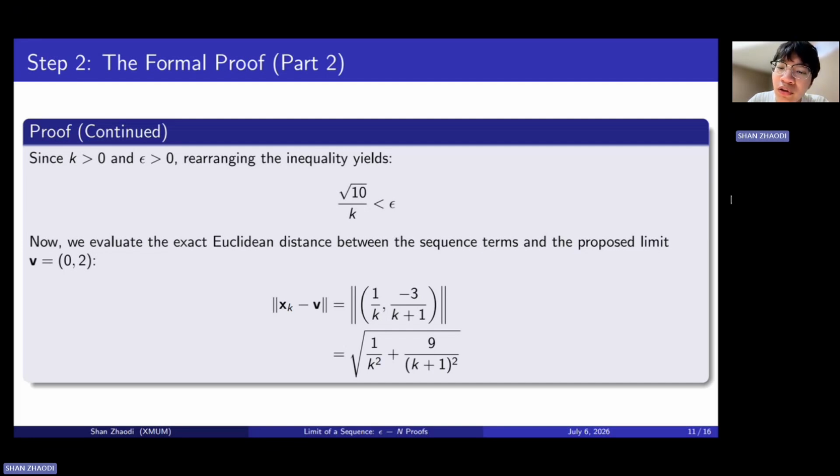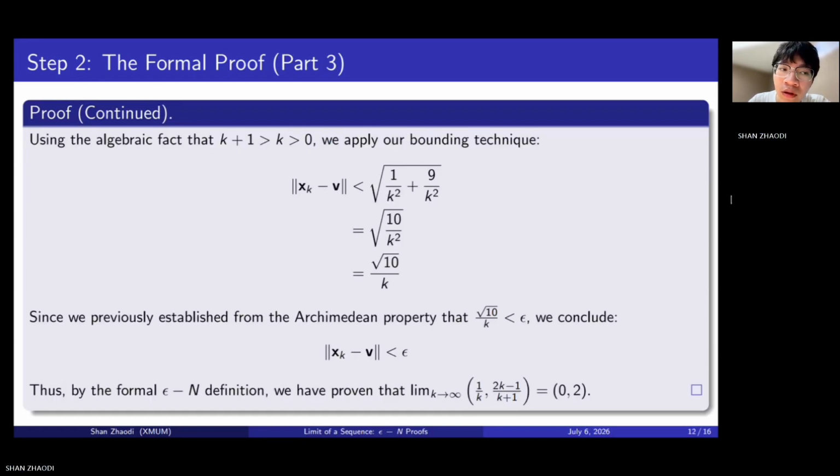Now we evaluate the exact Euclidean distance between our sequence and the limit (0, 2), which will give us our original square root expression. Using our bounding technique, where we substitute (k+1)^2 with k^2, we can show that this distance is strictly less than the square root of 10 over k.